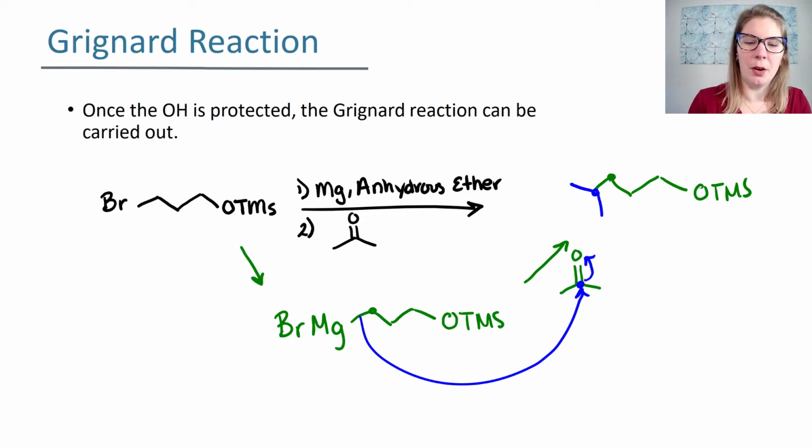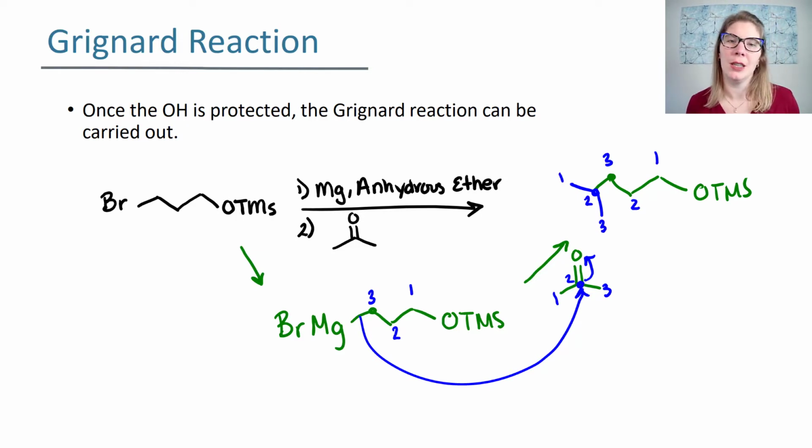For example, I would go back and count 1, 2, 3, and over here 1, 2, 3, 1, 2, 3, and 1, 2, 3 to make sure I didn't lose any carbons. I did lose my oxygen, so I need that O- here. And now we can talk about not only how to protonate that oxygen, but remove the OTMS.